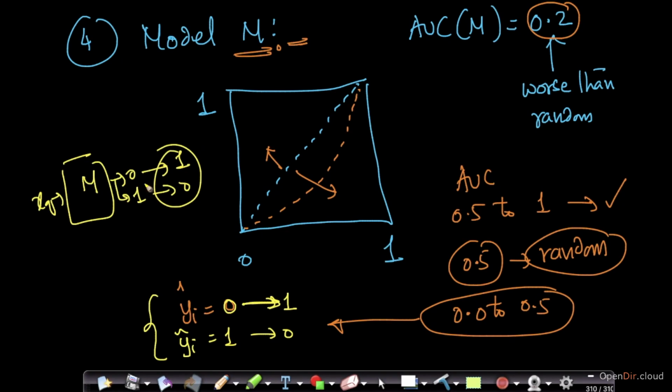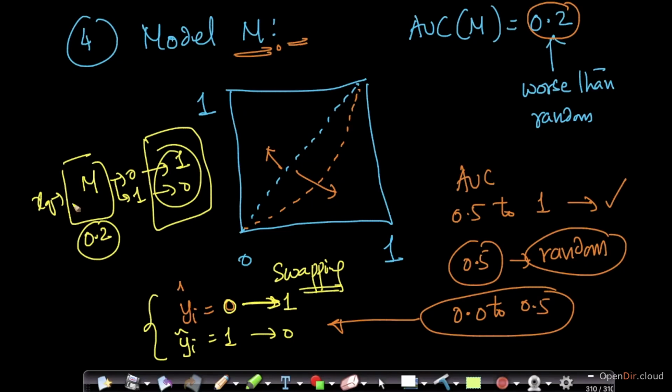By doing this simple swapping, or simple changing of the class label in a binary classification, if your original model has an AUC of 0.2, this modified model wherein you're just switching 0 to 1 and 1 to 0 has an AUC of 1 minus 0.2, which is 0.8.